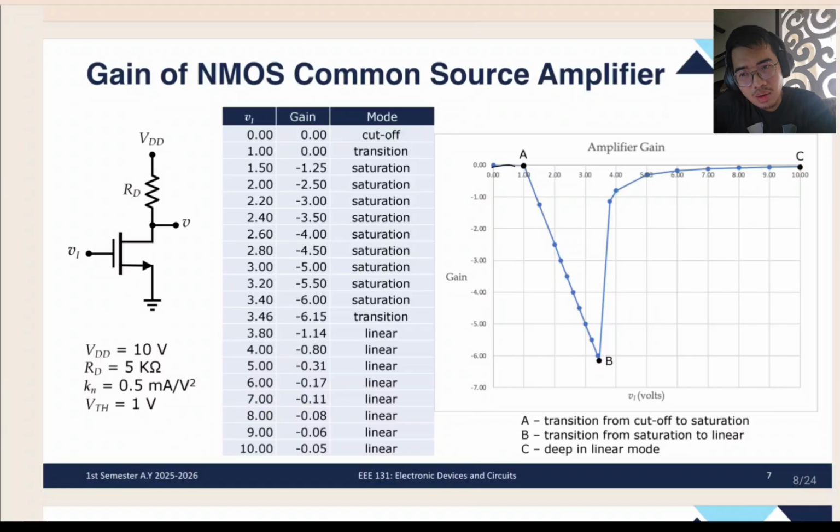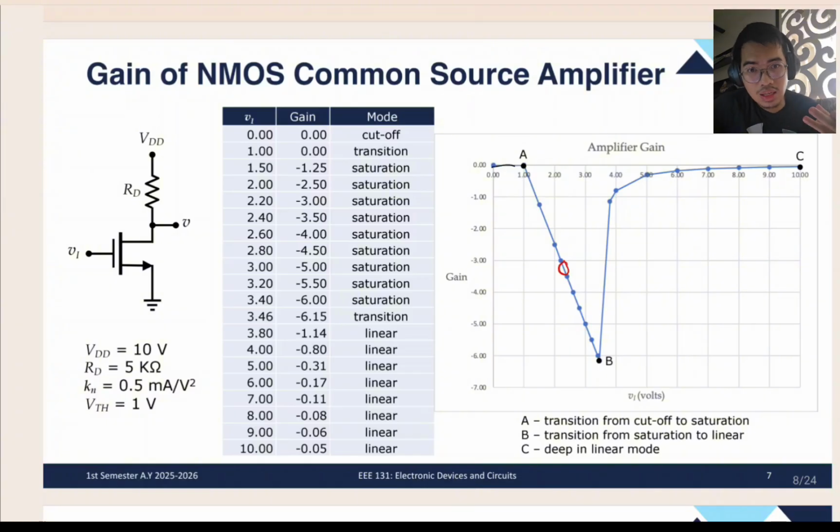So that's why if you don't want your system to have this non-linearity for gain, you somehow restrict your signal to small signals para ma-restrict lang natin yung gain to be relatively constant for that signal. Okay? So yan lang yung disadvantage ng large signal. You don't experience a uniform constant gain.